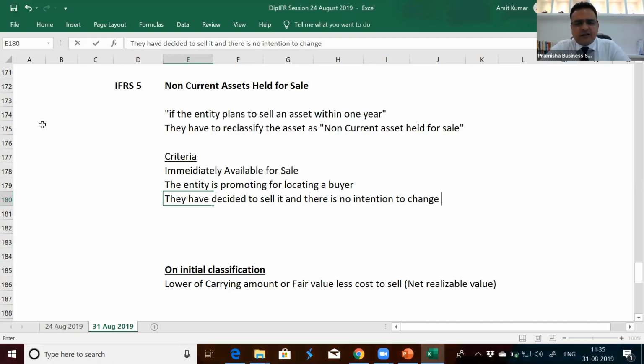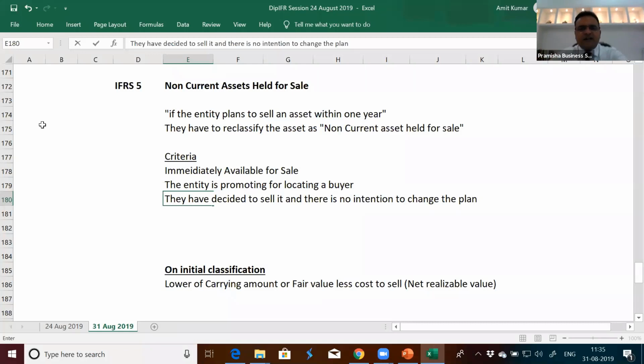So there are criteria to classify any asset held for sale. We cannot decide to sell an asset whenever we want it.